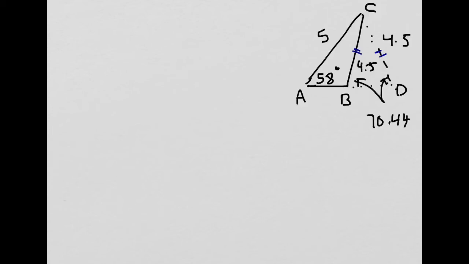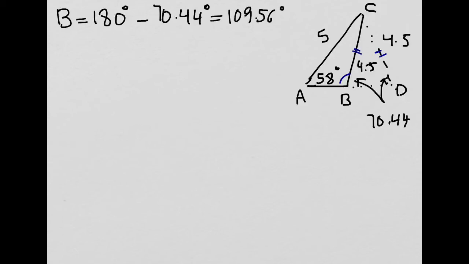So with that said, we can figure out angle B by doing 180 minus 70.44, and that is 109.56 degrees. Notice angles CBA and CBD are supplementary angles, so they add up to 180 degrees.